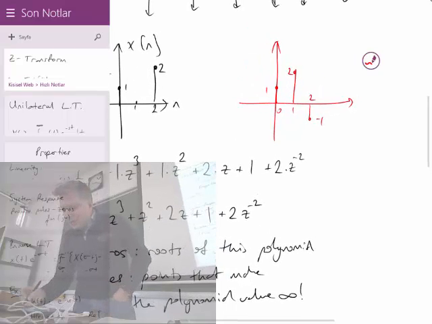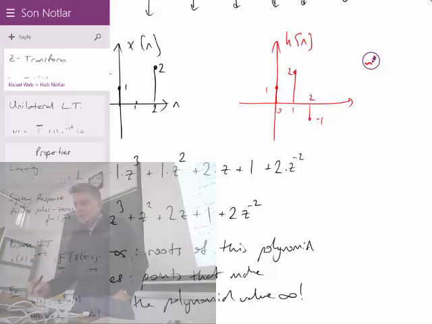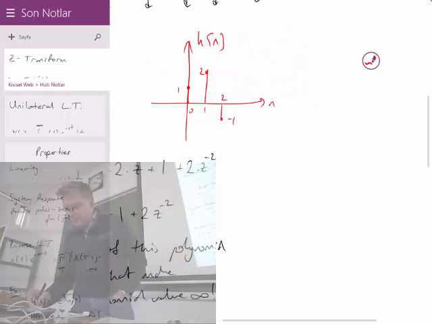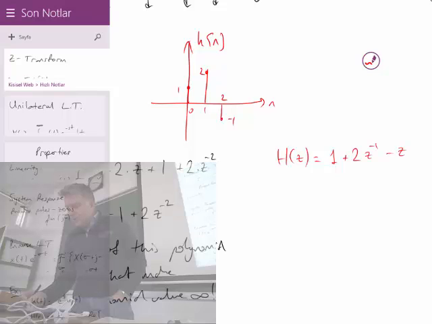So I'm going to call this h of n, let's say, on the n-axis. What is the z transform of it? It is h of z is equal to 1 times z to the 0 plus 2 times z to the minus 1 minus 1 times z to the minus 2. So this is the z transform.